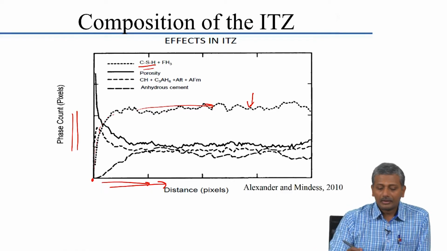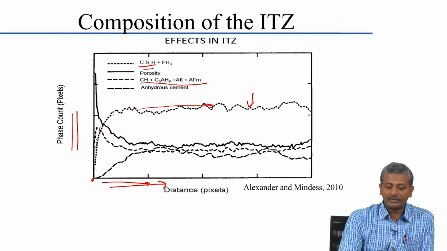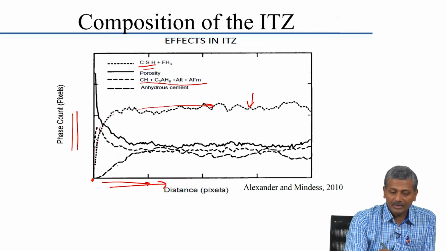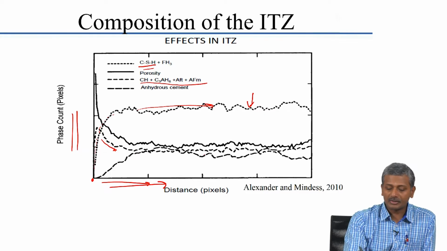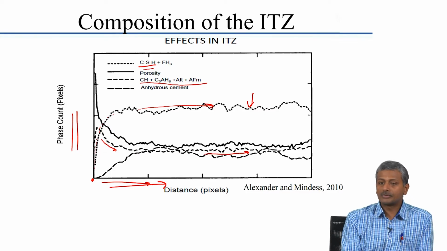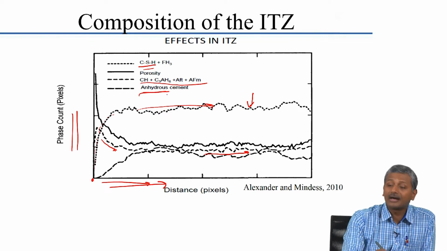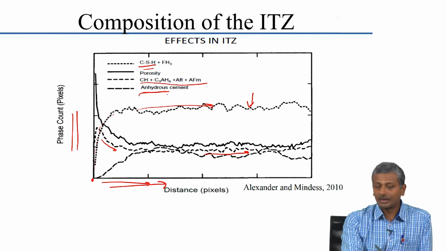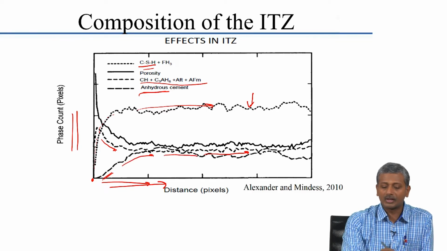Okay. Now in terms of calcium hydroxide plus ettringite and other components, you see that there is a decrease away from the surface of the aggregate until it assumes a somewhat constant value towards the outside. And interestingly, the amount of anhydrous or unhydrated cement is very low at the aggregate surface, and it increases to almost a constant value in the bulk paste.